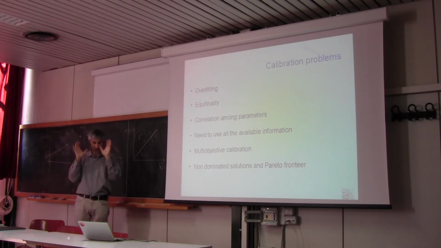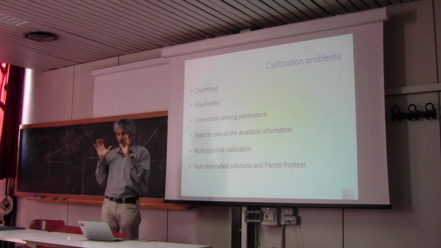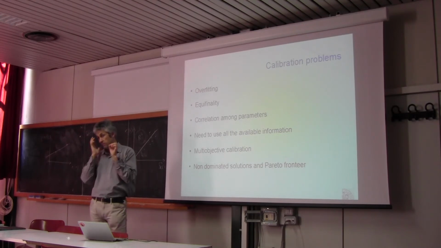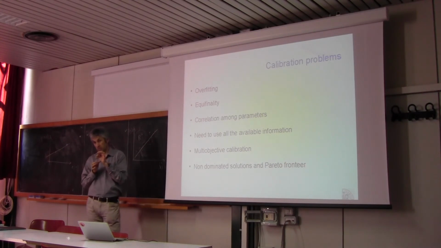So let me make an example. Let's suppose that in iMod I erroneously estimate a very small storage capacity in the catchment. It's an error, which means that the real catchment can store more water.